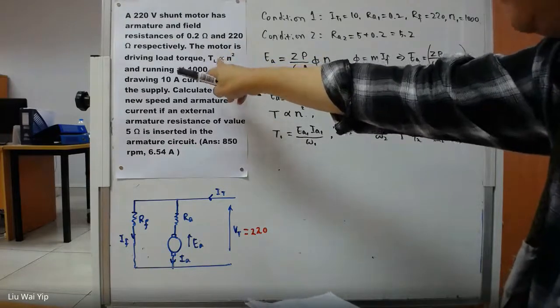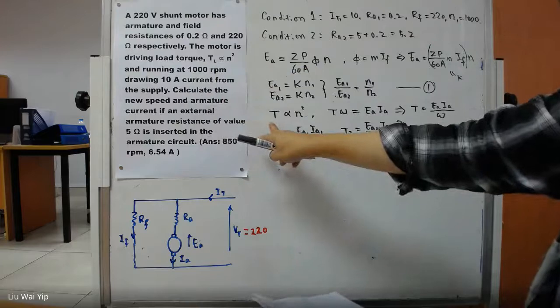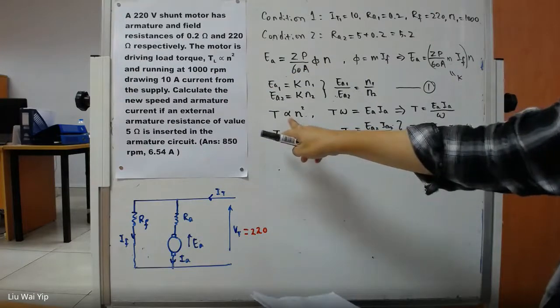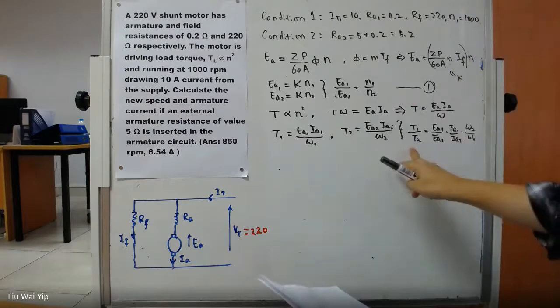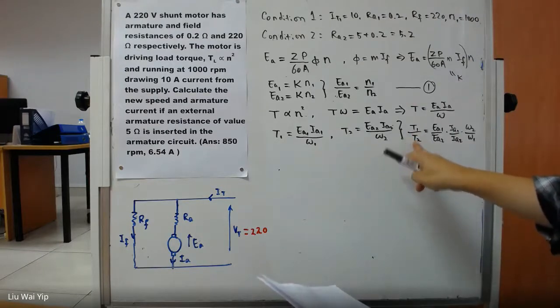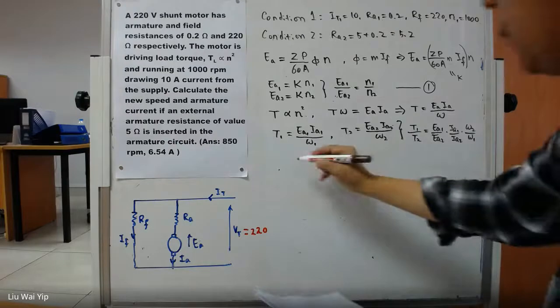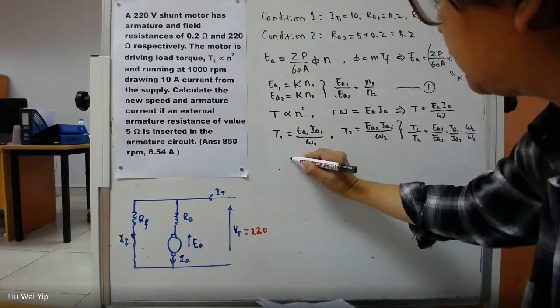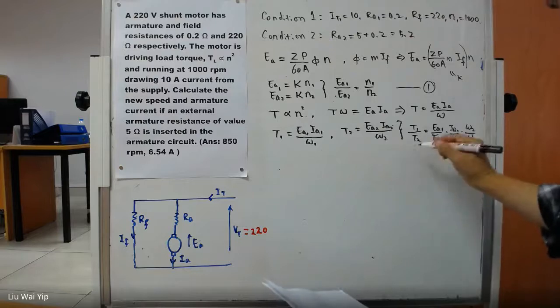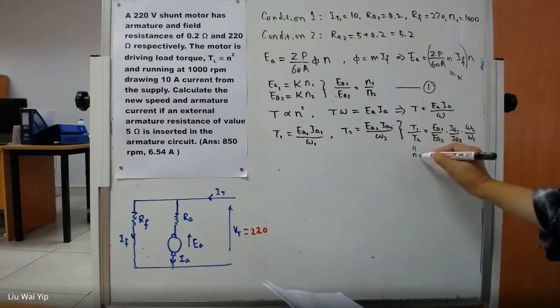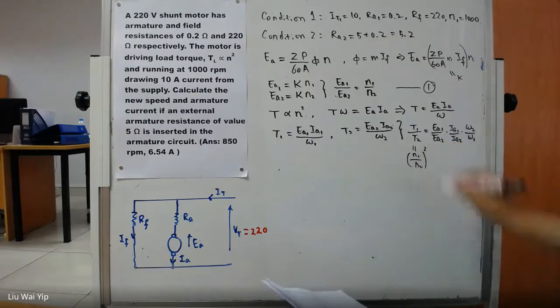The condition is the torque is going to be proportional to the square of speed. So in this case, with this condition, we can say this one is actually N1 over N2 squared, okay?